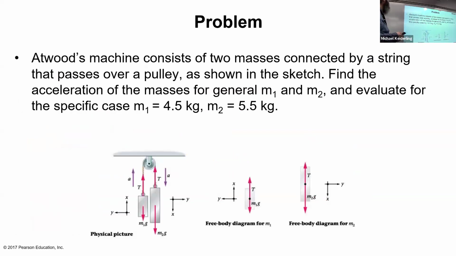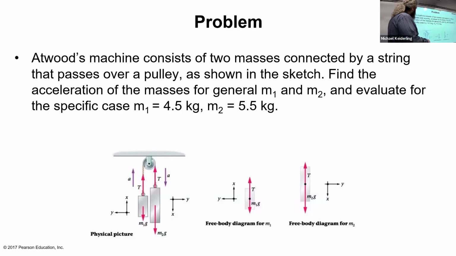Here we have another one. This is called Atwood's machine. Atwood's machine consists of two masses that are connected by a string that passes over a pulley, as shown in this sketch. And we want to find the acceleration of the masses for a general mass 1 and mass 2, and then evaluate for the specific case of 4.5 kilograms for mass 1 and 5.5 kilograms for mass 2.